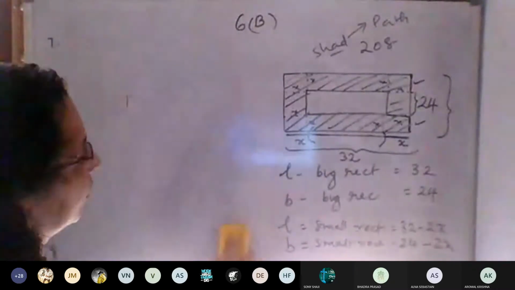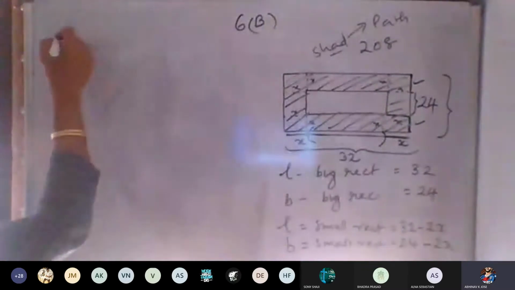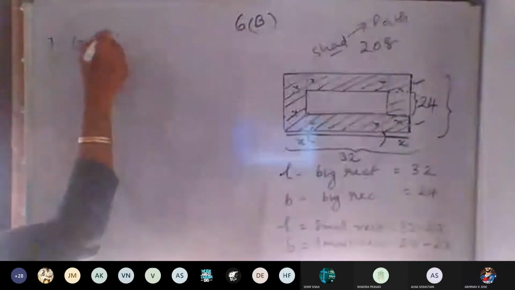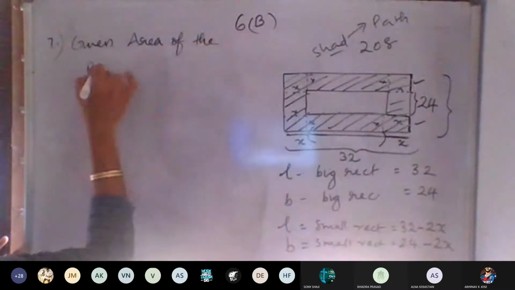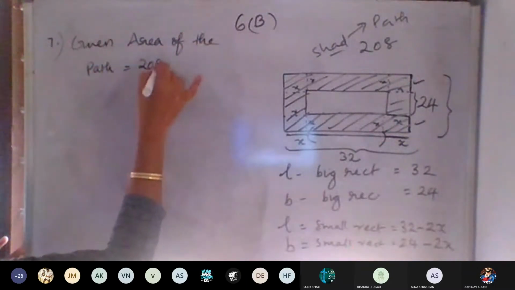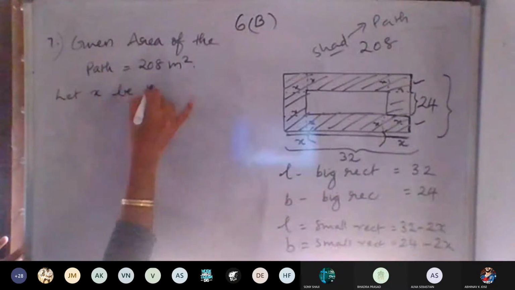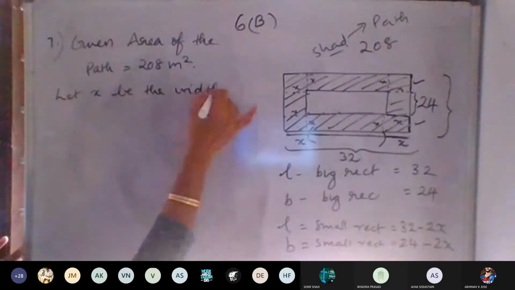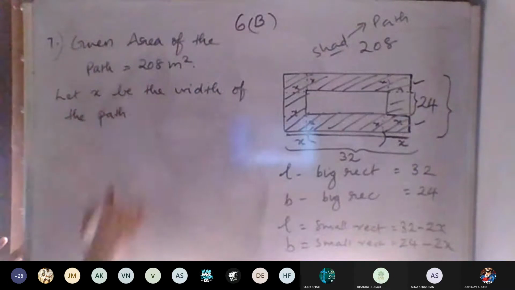Once more, given: area of the path is equal to 208 meter square. Let x be the width of the path.